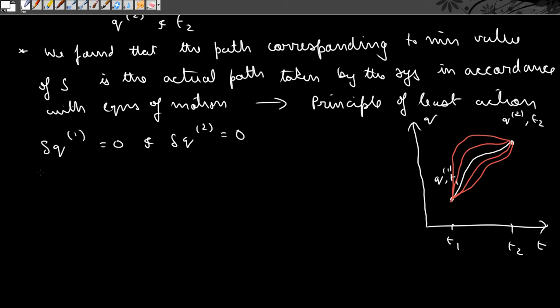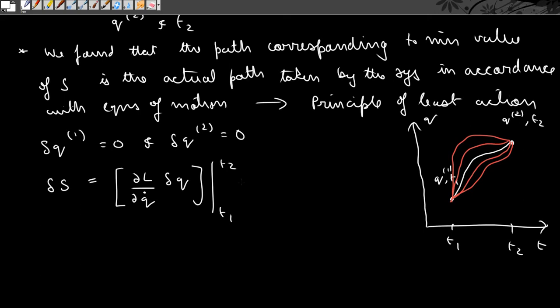And with this we calculated the variation in S, which, if you refer back to our principle of least action video, we will get as dou L by dou q dot times variation of q, evaluated from t1 to t2.